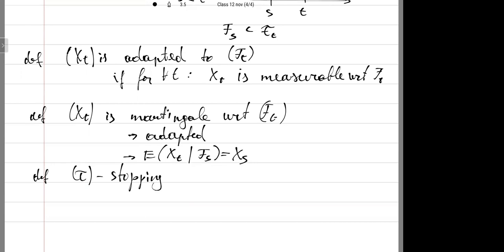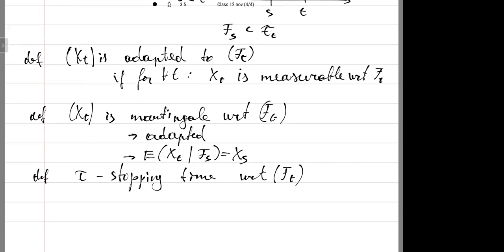So all definitions are roughly the same. Stopping time with respect to filtration Ft. If tau, I need no brackets because tau is one random variable. I write brackets, that means a sequence. These round brackets have special meaning.